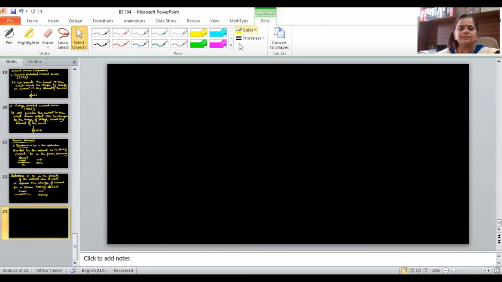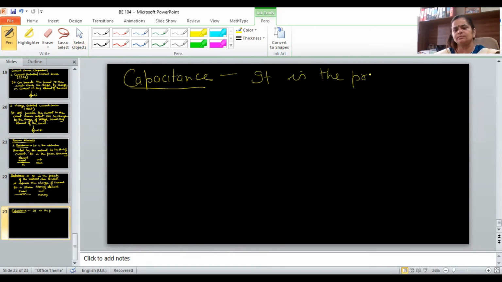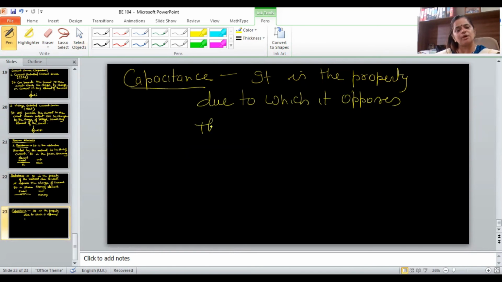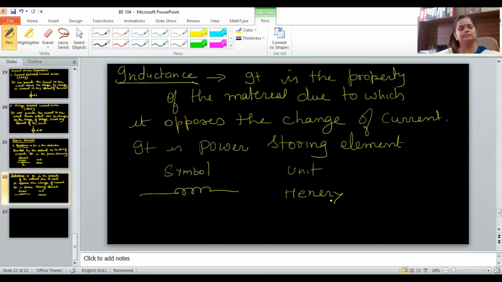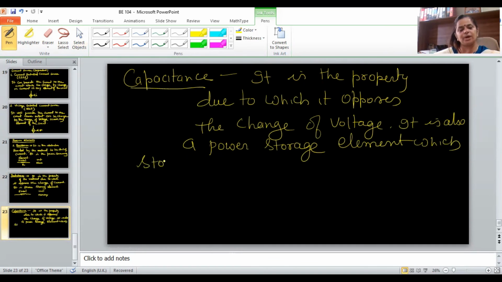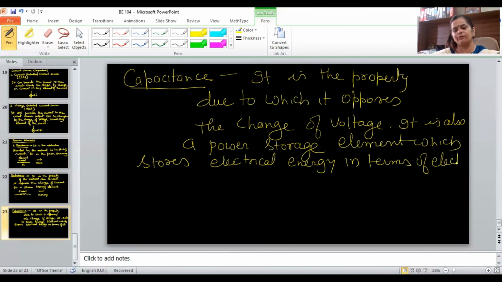Now at last, capacitance. It is the property due to which it opposes the change of voltage. It is also a power storage element, which stores electrical energy in terms of electric field.